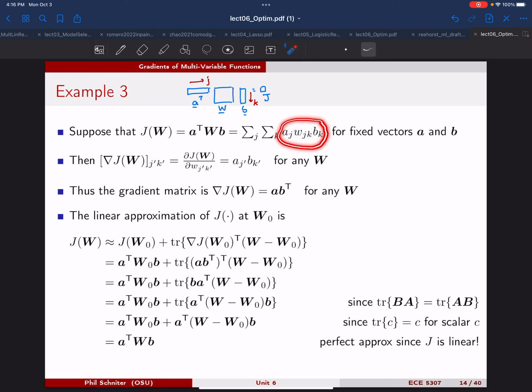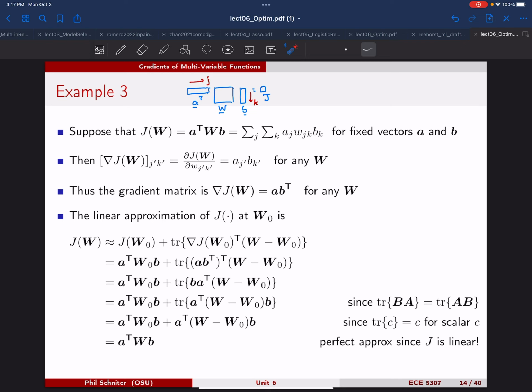Then you can notice that if we're differentiating with respect to j prime and k prime, the only way you'll get something non-zero is when j in the sum is j prime and k in the sum is k prime. So all the other terms in that sum go away. The only terms you care about are when this is j prime and k prime.